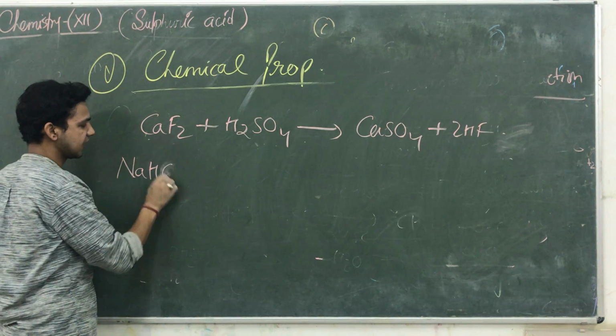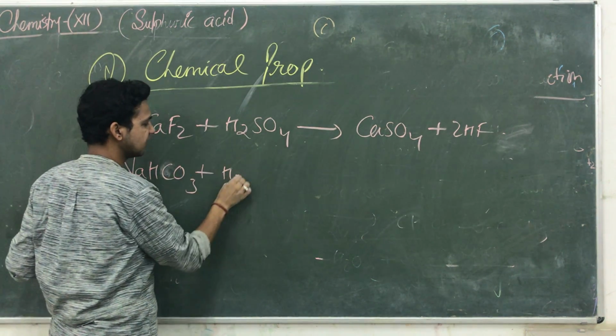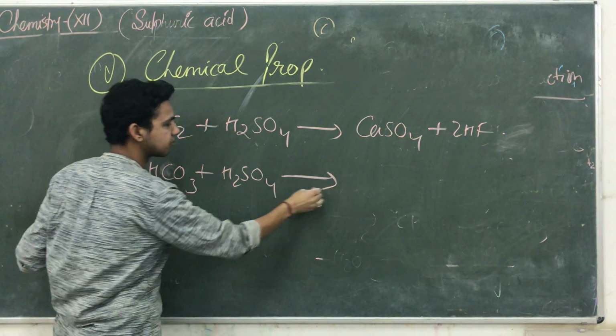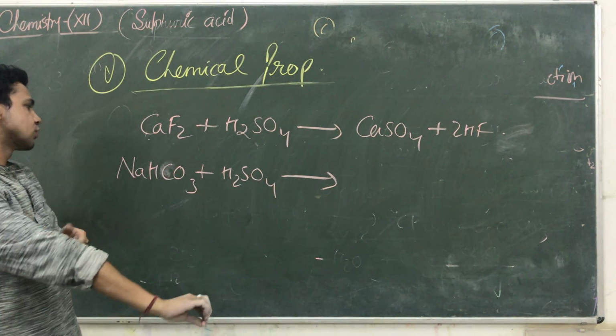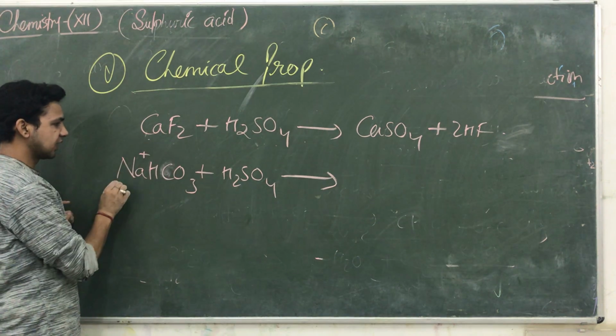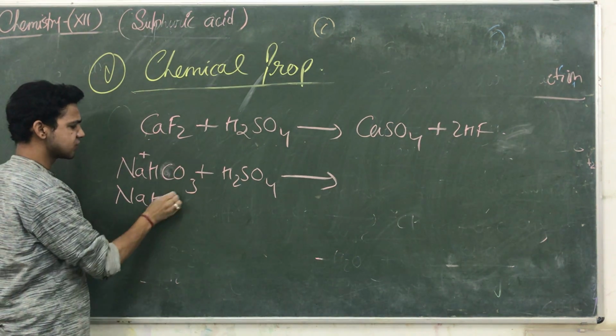Salt जैसे NaHCO3. It reacts with H2SO4. ये आपके फायर एक्सटिंग्विशर्स जिनसे आग बुझाते हैं उनके अंदर यूज की जाती है. So see guys what happened? Here we are taking NaHCO3.